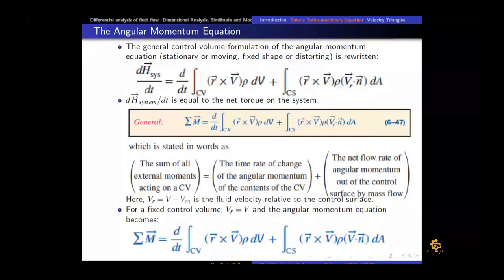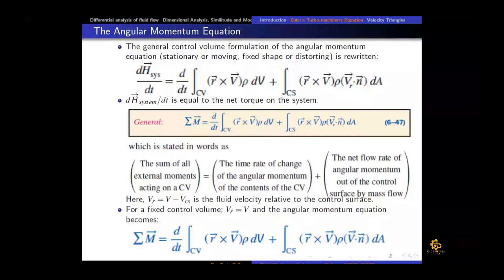So just to give you an idea, if a balloon is being expanded, in that case the control surface is expanding, right? And if that balloon is also being left in the air, then it would also travel. So in that case, the control volume would also be moving and also deforming as well.